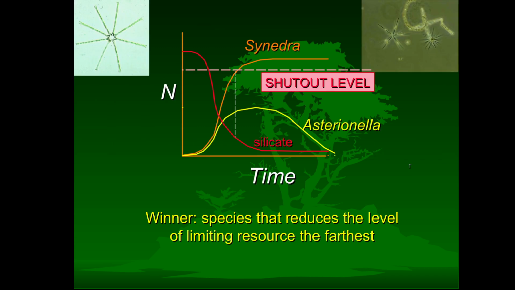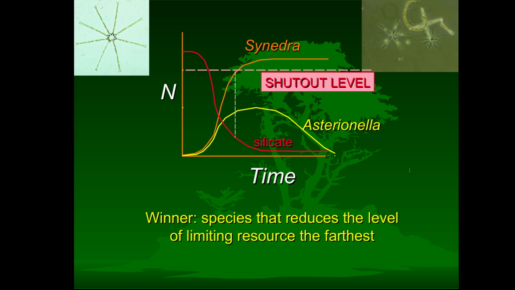All right, how does this result conform to the Lotka-Volterra theory? Well, the LV theory does not predict what the ambient level of limiting resource should be at any given time. So it does not predict that one species will bring that level to a lower value than the other. What the Lotka-Volterra theory predicts is that both species on the same limiting resource will reach their shutout levels and carrying capacities at the same time.